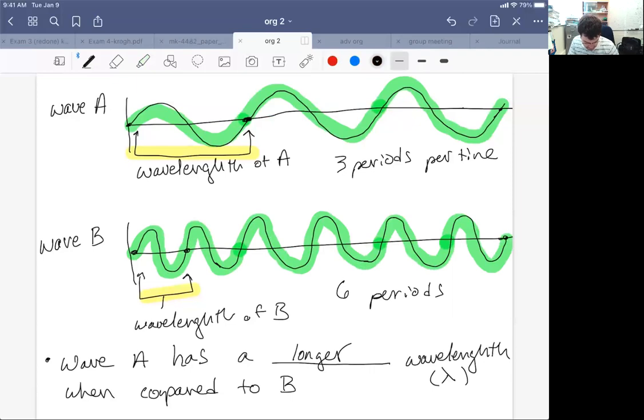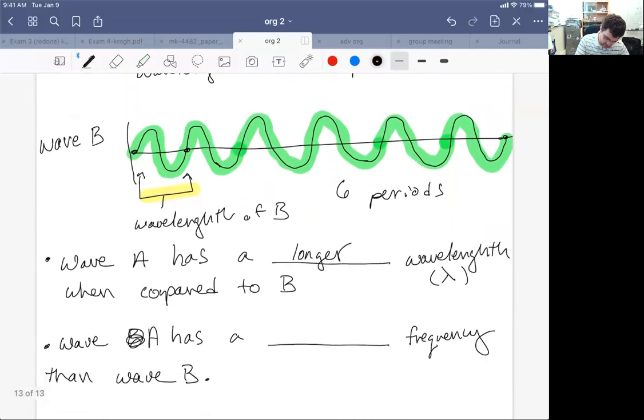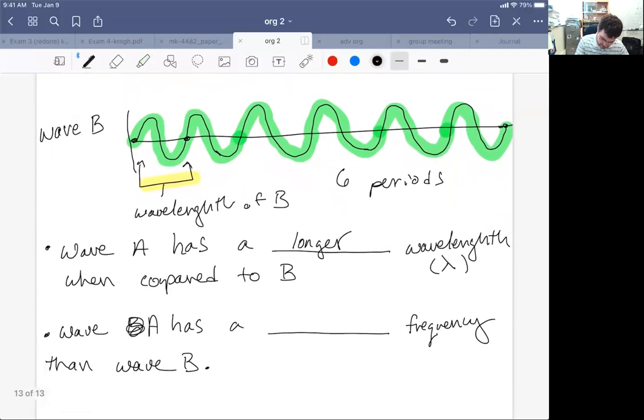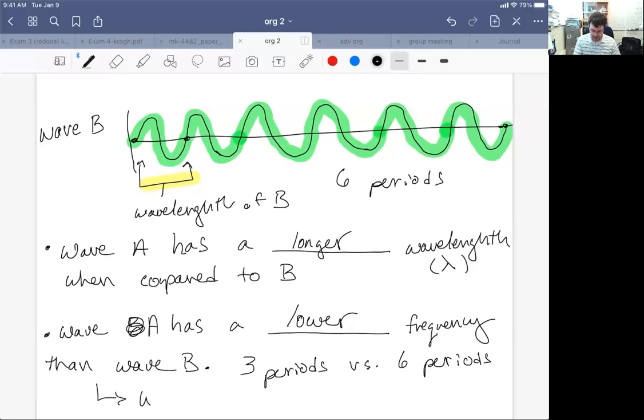So wave A has a lower frequency than wave B. We went through 3 periods versus 6 periods.